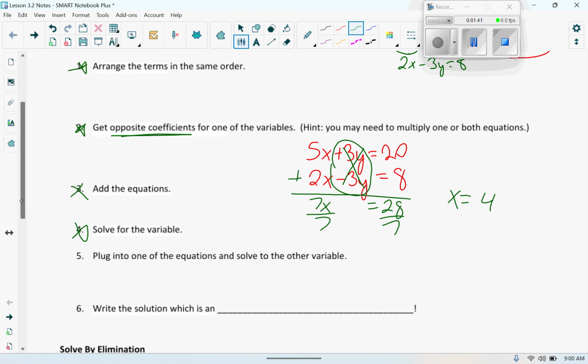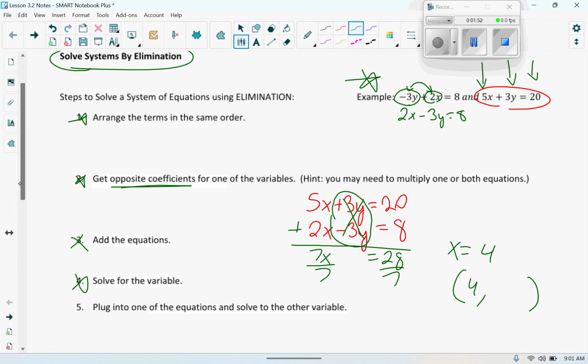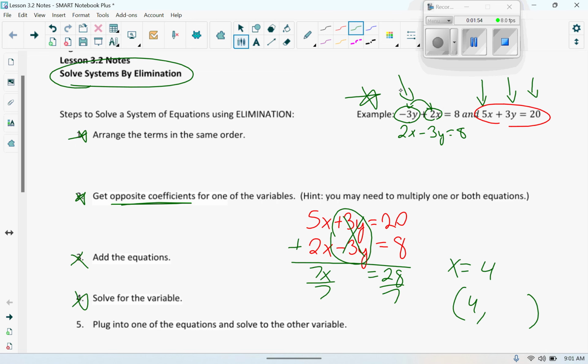And then just like last time, it's a coordinate point, so we have to solve for y. So it does not matter where you put the 4. You could put it in here, here, here, as long as you're putting it in for an x. So I'm going to do this one. So I'll say 2 times 4 minus 3y is equal to 8.